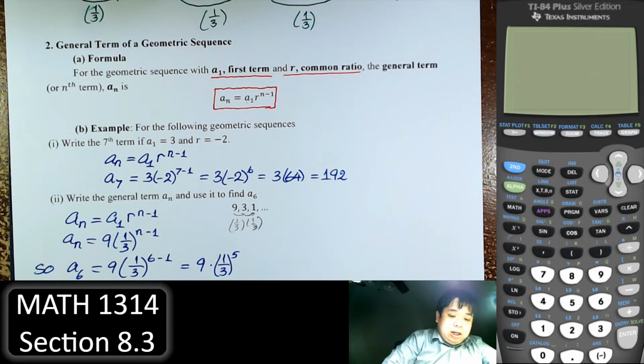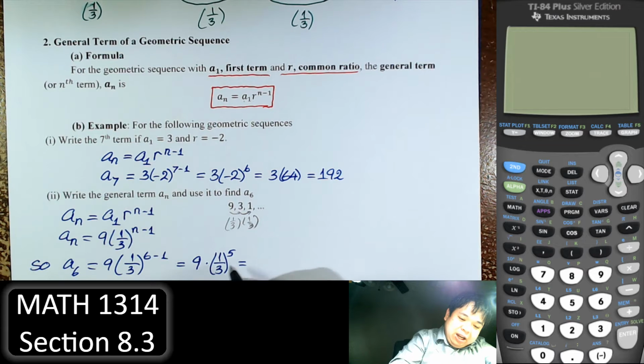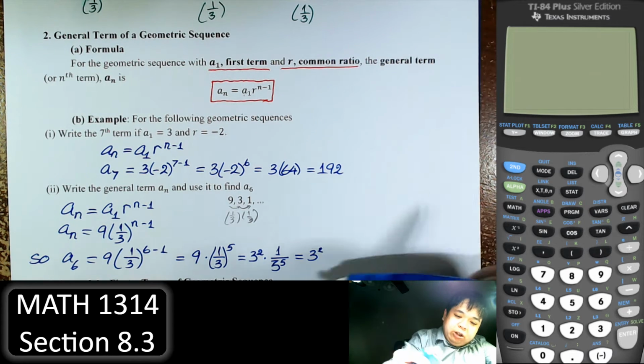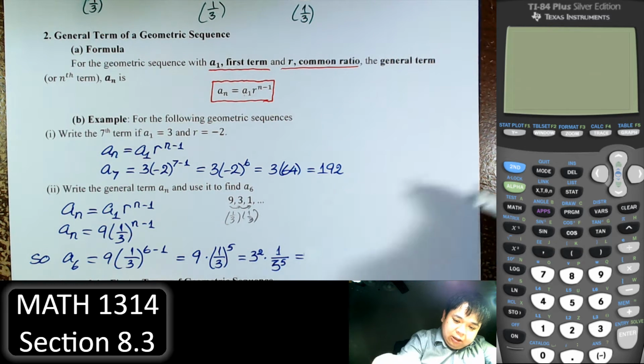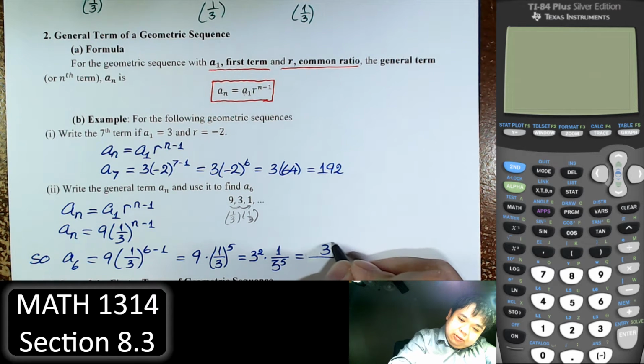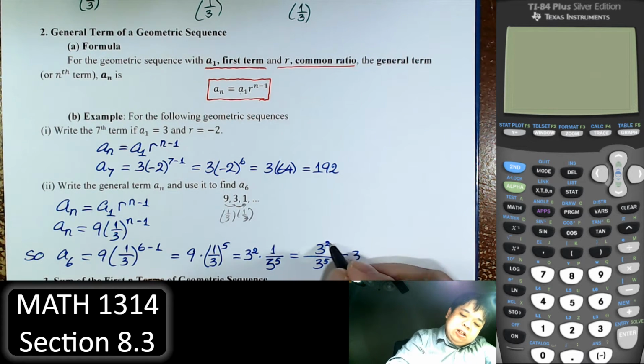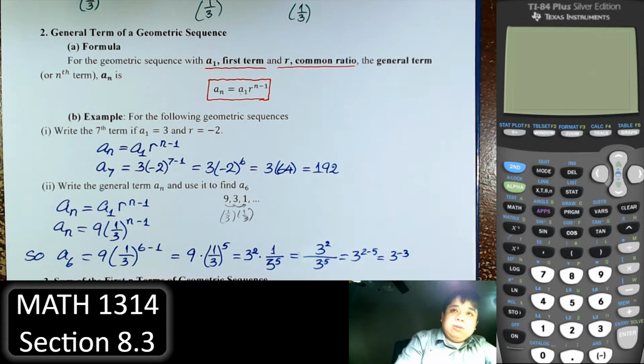Of course, we can do this using the calculator, but I'll just do it by hand here. 9 is actually 3 squared, right? And the fifth power goes to the top, the fifth power goes to the bottom. So we have 3 squared over 3 to the fifth. When we divide, we subtract the exponents, 2 minus 5, negative 3.